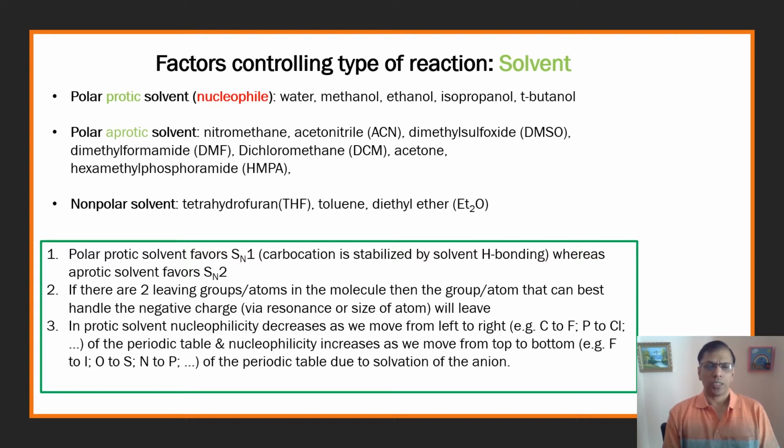So in protic solvent, nucleophilicity will decrease as we move from left to right, as is the case as we move from carbon to fluorine, or from phosphorus to chlorine. And also nucleophilicity increases as we move from top to bottom.